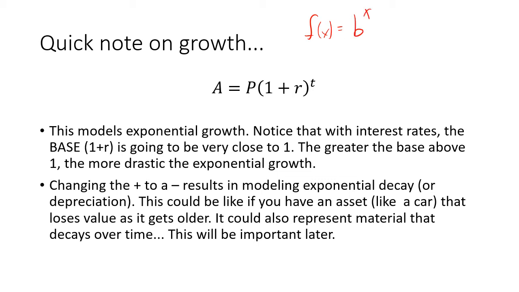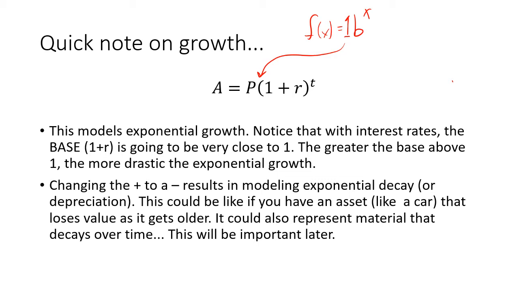If I really think about it, there is a coefficient to this b right here. It's 1. And that's like what P is. It's an initial amount that we are going to apply an exponential growth model to.